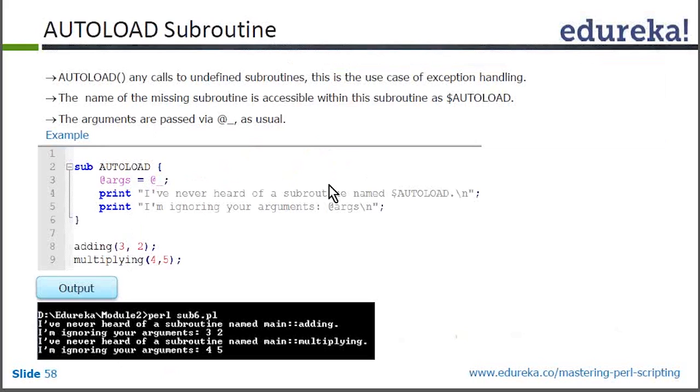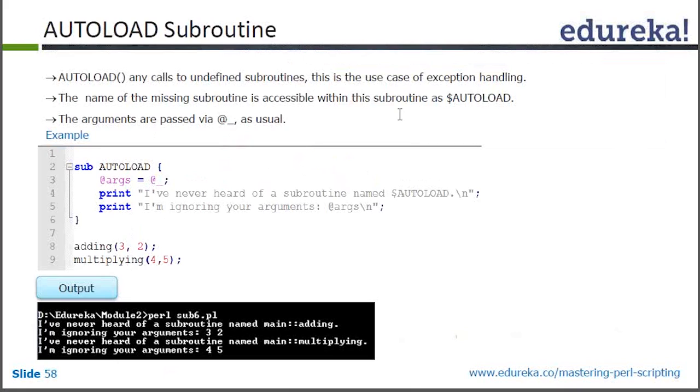So let's go to the next functionality. AUTOLOAD functionality. So there are a lot of functions. You have to just remember everything. You might not remember, but it depends on your script, what you are writing. So it might not be that much essential. So the AUTOLOAD function catches any calls to undefined subroutines. This is used for exception handling.